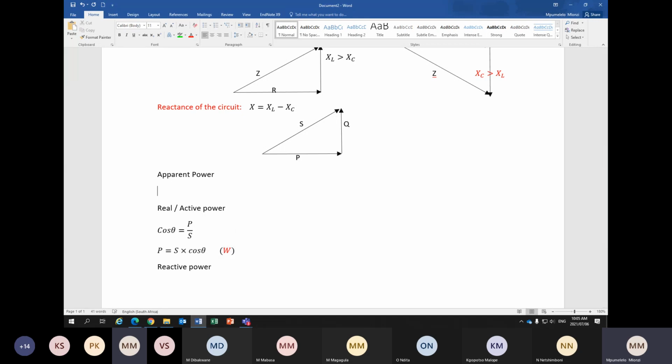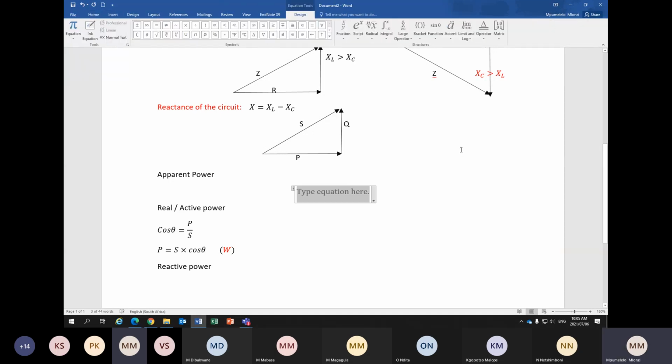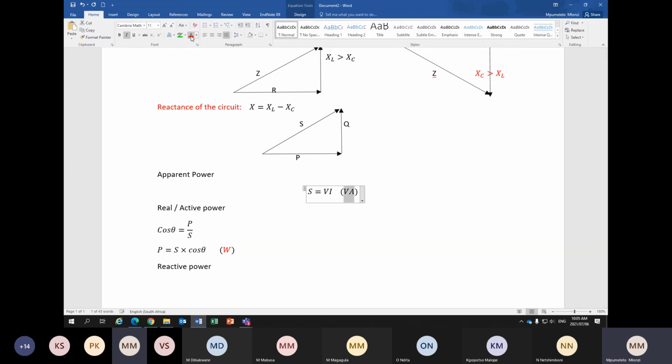But the apparent power, which is represented by the letter S, is equal to V times I. And the unit is VA, which stands for volt-amperes.